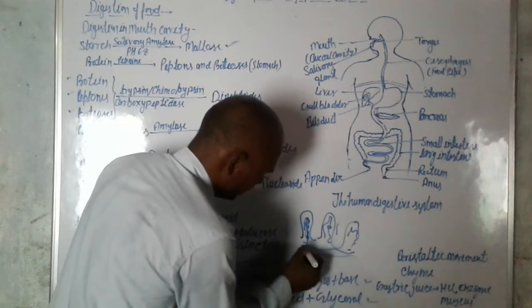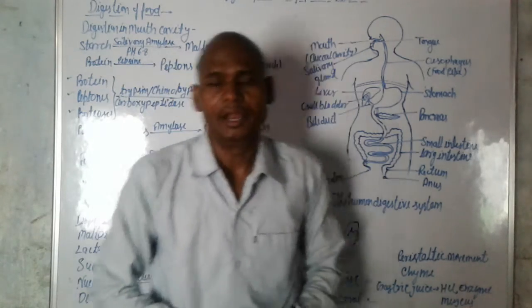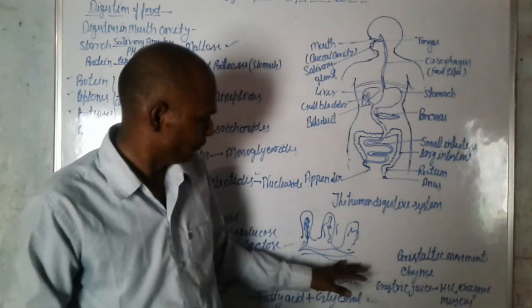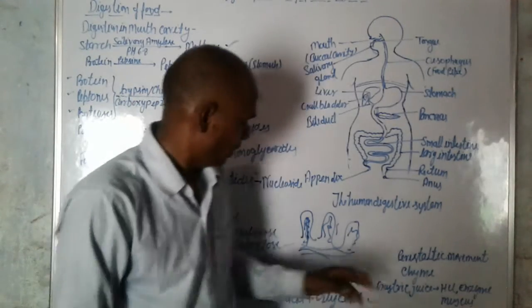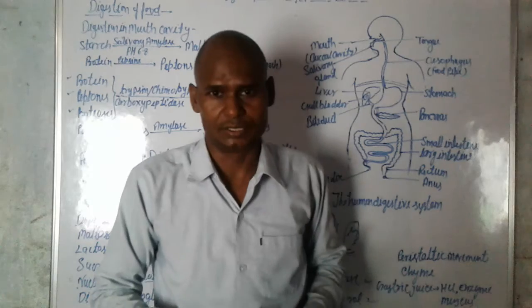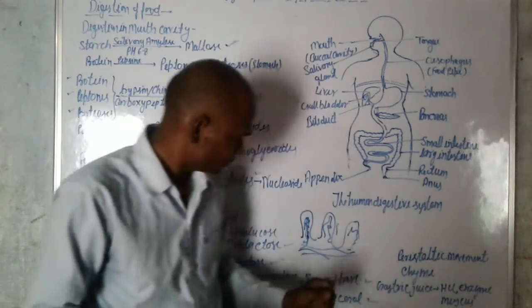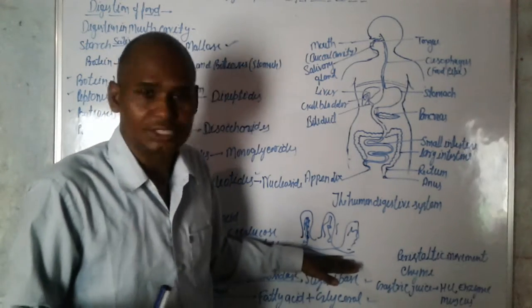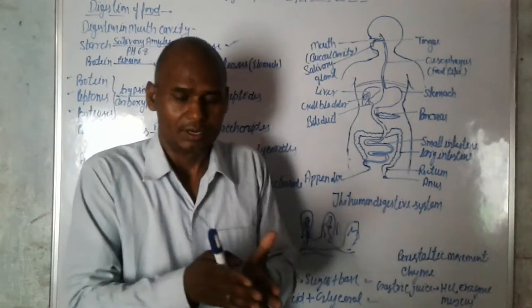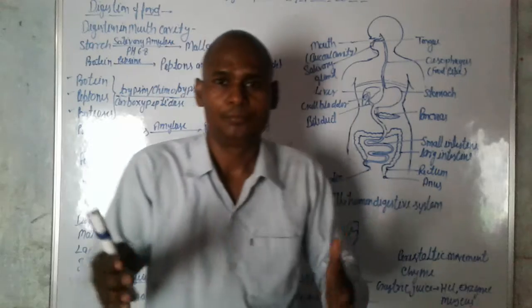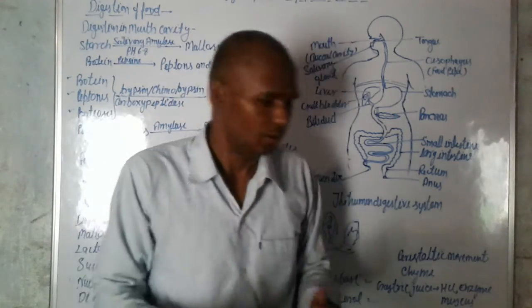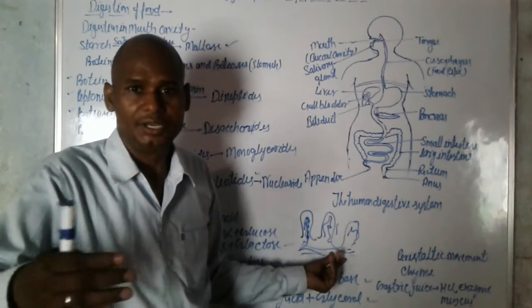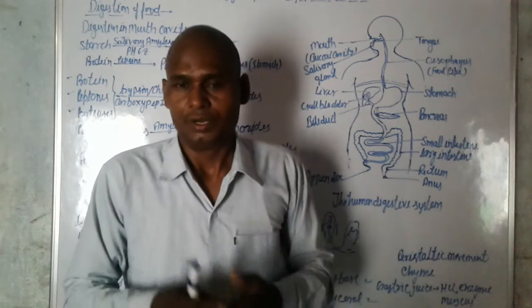The small intestine has vessels like arteries and veins, and the arteries and veins take the nutrients to all parts of our body.